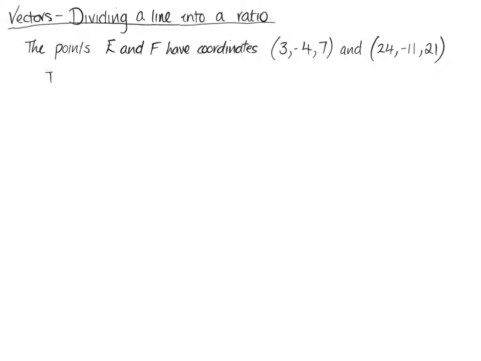Okay, so the point P cuts the line in the ratio of 4 to 3. What is the coordinate of point P?